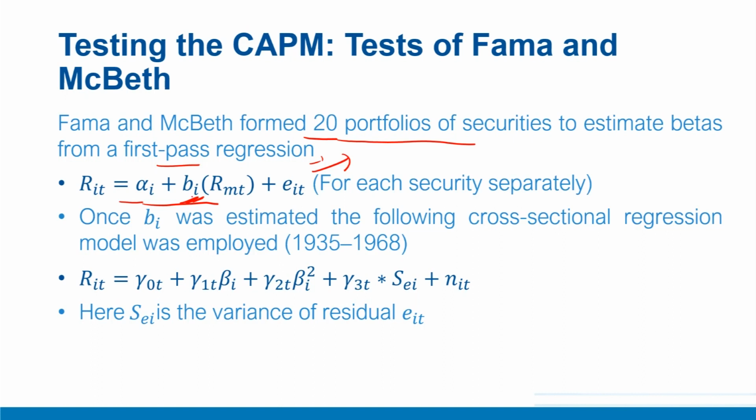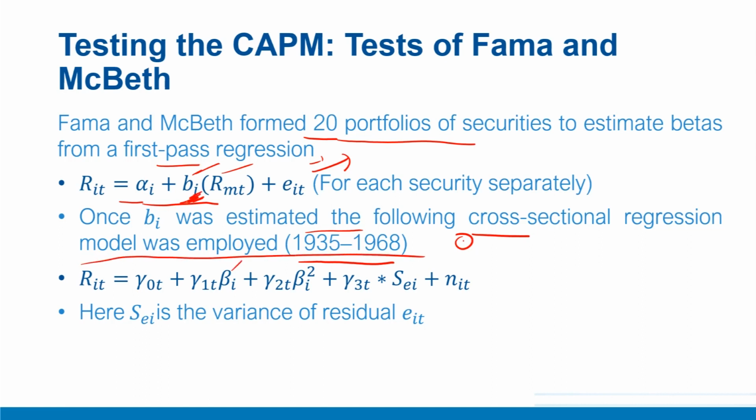And once beta_i was estimated for each of the portfolios, then cross-sectional regressions for each period were employed for a very long horizon. So for each month over this very long horizon, cross-sectional regressions were employed by using betas estimated from this first pass regression to estimate this kind of model.